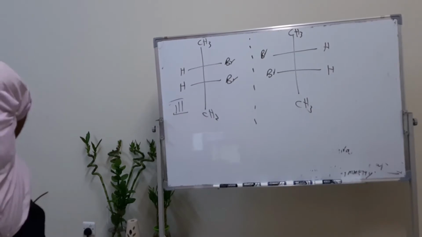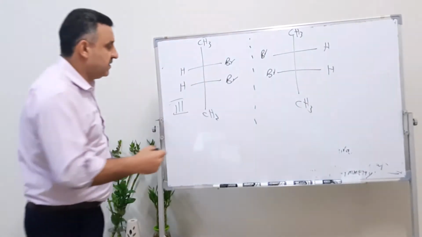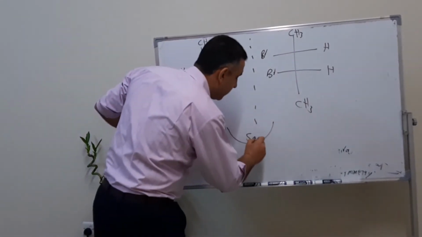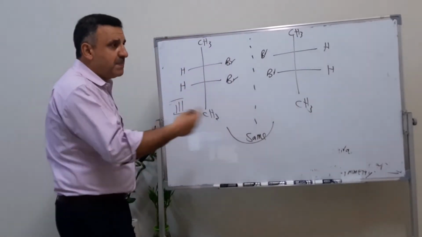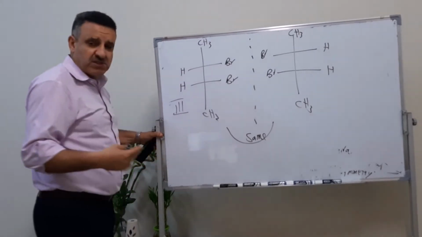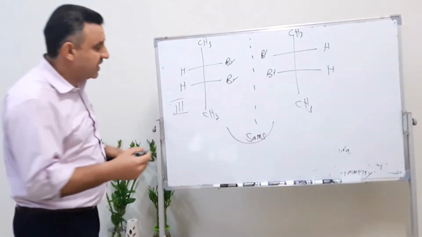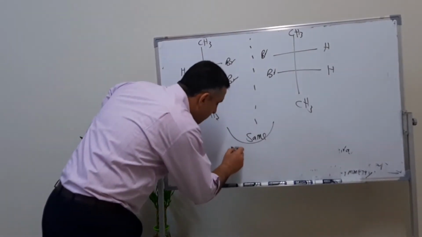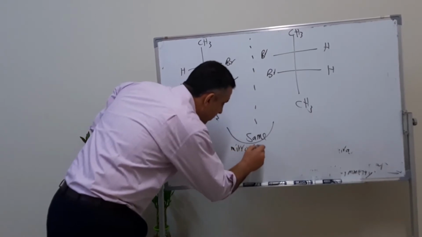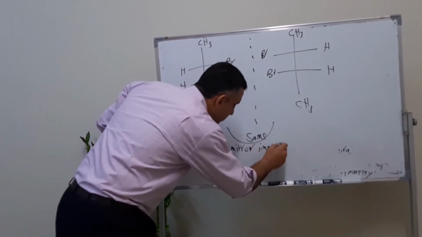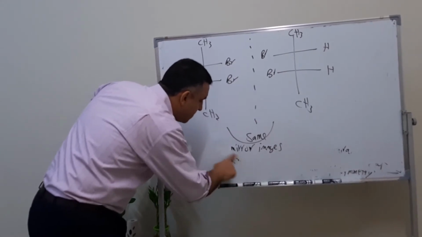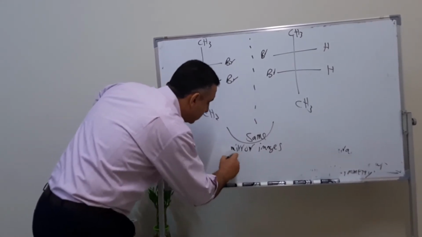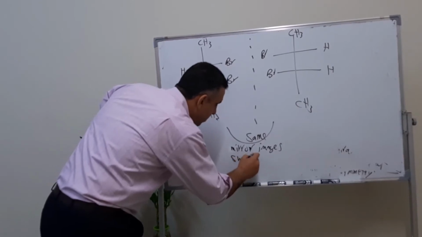This is what you want, right? Yes. Perfect. Now, what I'm saying, these two compounds are the same. There is no meaning to draw them twice because they are the same. Why are they the same? Because they are mirror images, but yet they are superimposable.